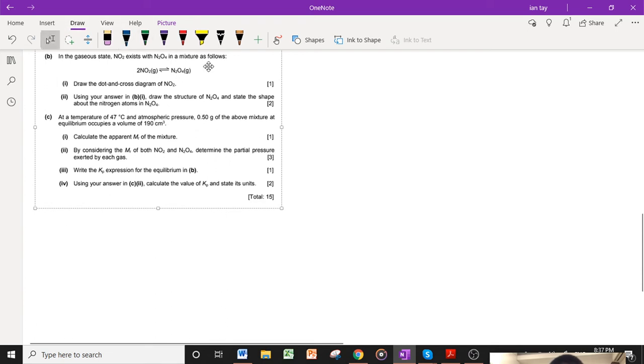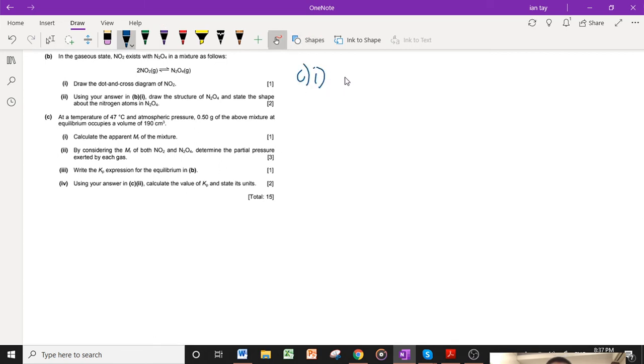Okay, so this is quite an easy first part for 1 mark. MR will be the mass in grams divided by the number of moles. And the number of moles can be calculated by PV over RT, using the equation PV equals nRT.